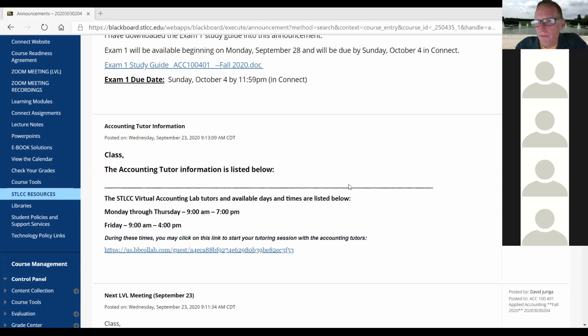I'll make a note of that because I was told it was only virtual, but if you look at it, it just says lab tutor and available days and times. Based on what was sent to me, it's just virtual, but a student told me he was able to go on campus, to the Merrimack Accounting Lab, and he somehow got in and got some help. I'll try to find out more information about that today.